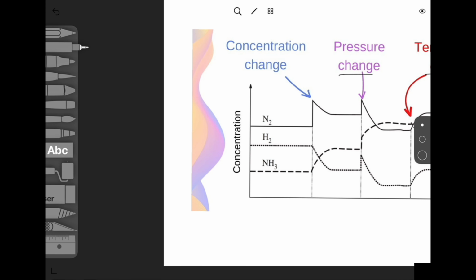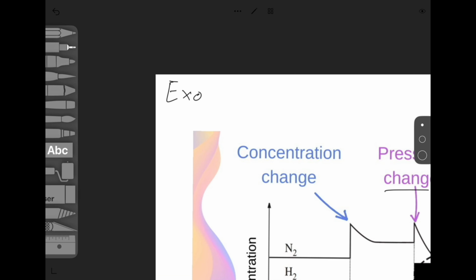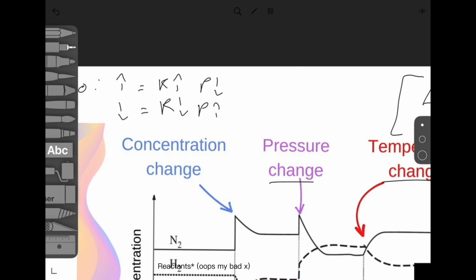So if your reaction is exothermic, and this is how you know if the temperature has decreased or increased. If it is a temperature increase, then your reactants would go up and your products would go down. If it is a temperature decrease, your reactants would go down and your products would go up.